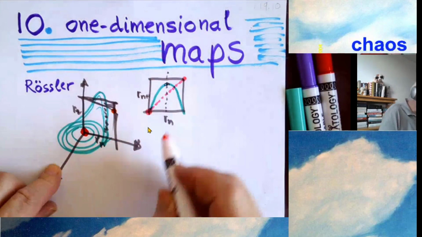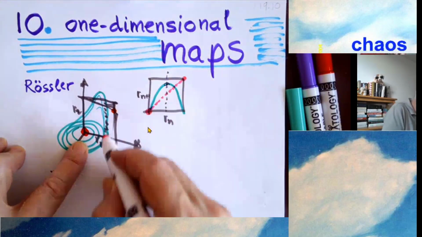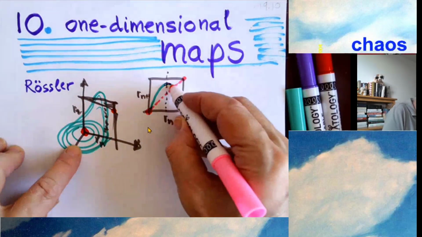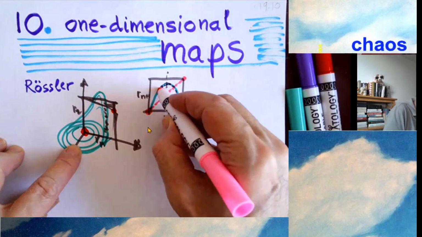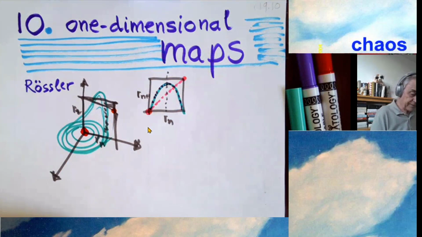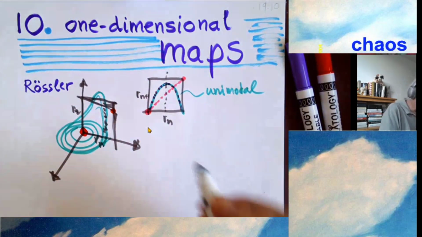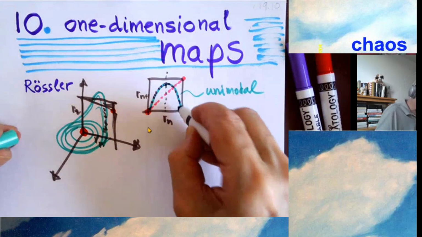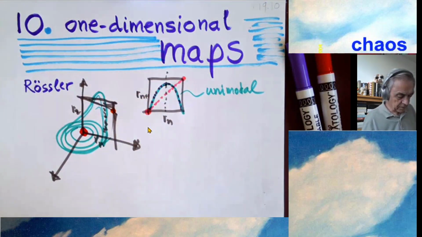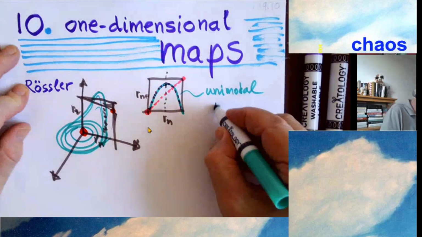So you get an edge, and then everybody who is a little bit further out ends up closer after folding, and that's what this branch is. I'll explain that in more detail next time. And this is called a unimodal map. Uni because there is one place where it gets folded. Modal because God knows what, but that's what mathematicians like to call it.